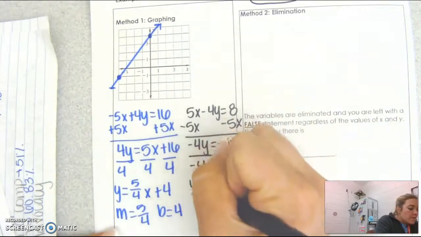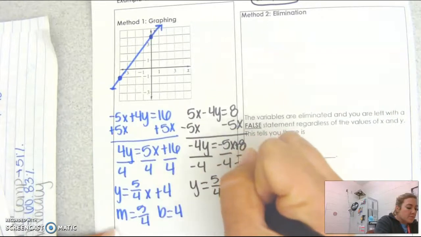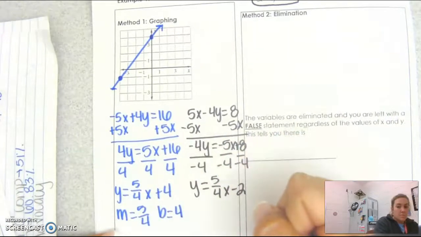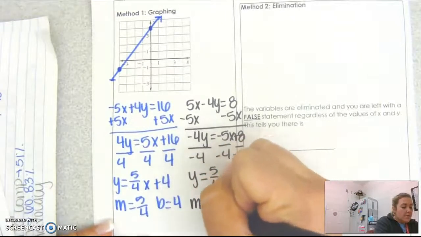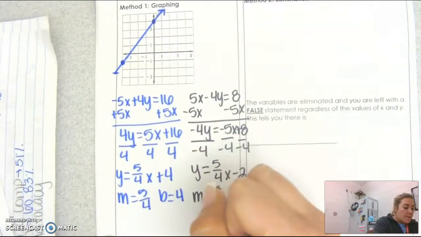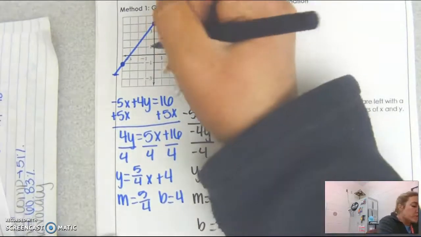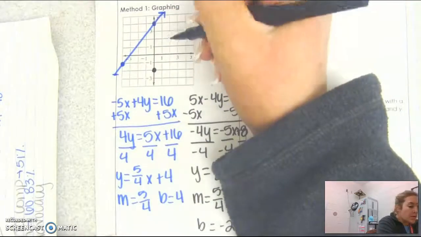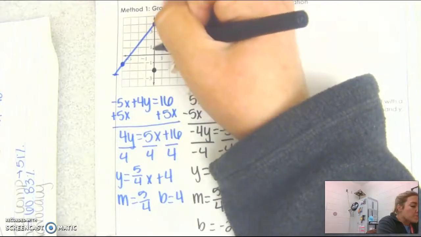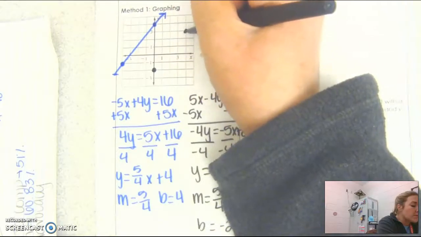So y equals, a negative divided by a negative is a positive, 5/4 x minus 2. So my m is again 5/4 and my b is negative 2. I'm going to go to negative 2 and put a point, and this time I can go up and to the right: up 5, right 4.